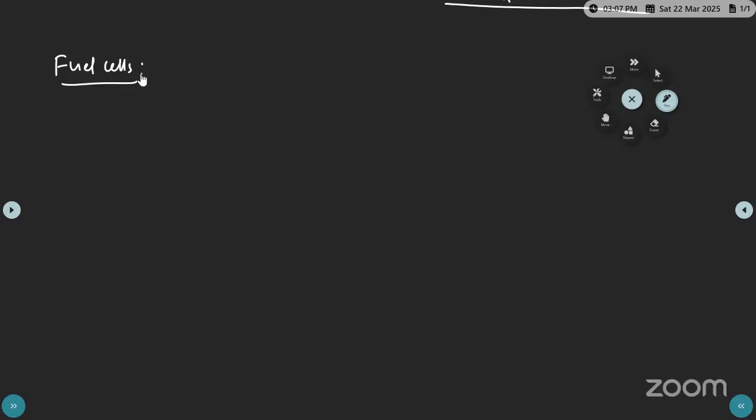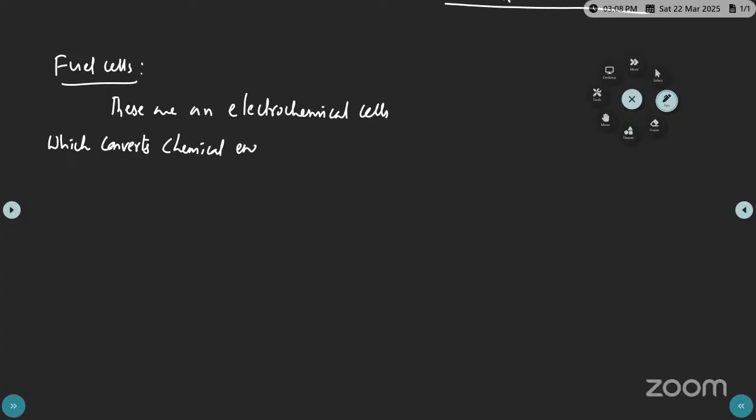What are fuel cells? Fuel cells are electrochemical cells which convert chemical energy in the form of fuel into electricity.